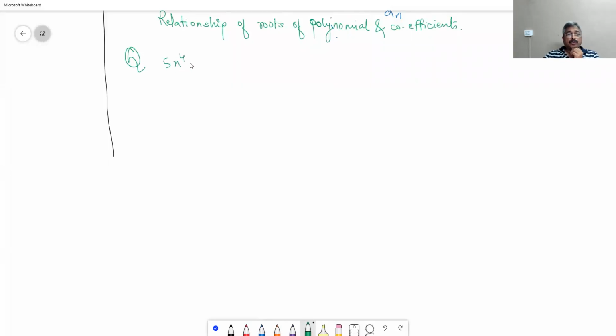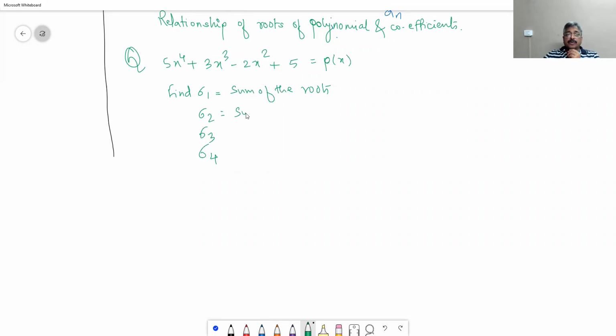5x^4 plus 3x^3 minus 2x^2 plus 5. Find sigma 1, that is the sum of the roots, for p of x. Sigma 2, sigma 3, sigma 4: 1, 2, 3, 4.